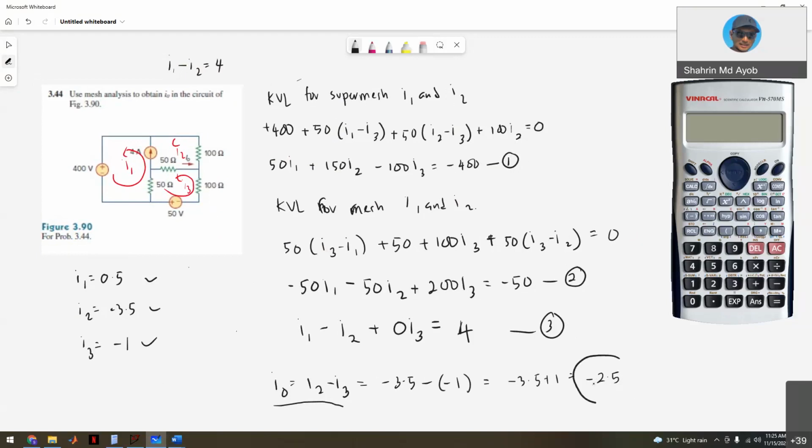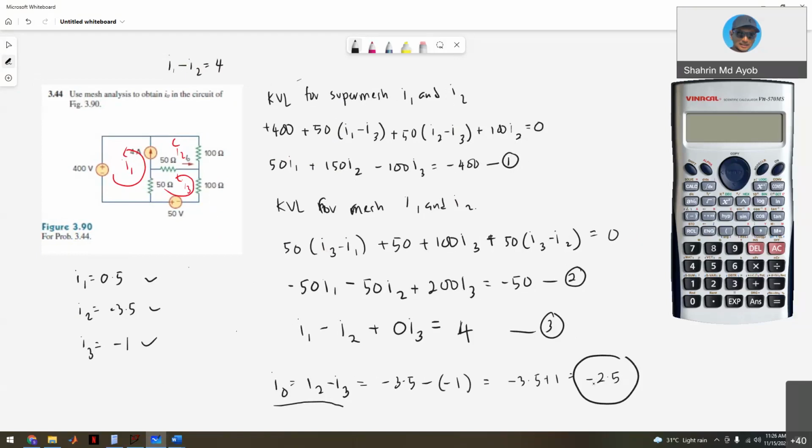So as mentioned before, it doesn't matter whether I start with the mesh current clockwise or counterclockwise. It doesn't matter. Your final answer will be the same.